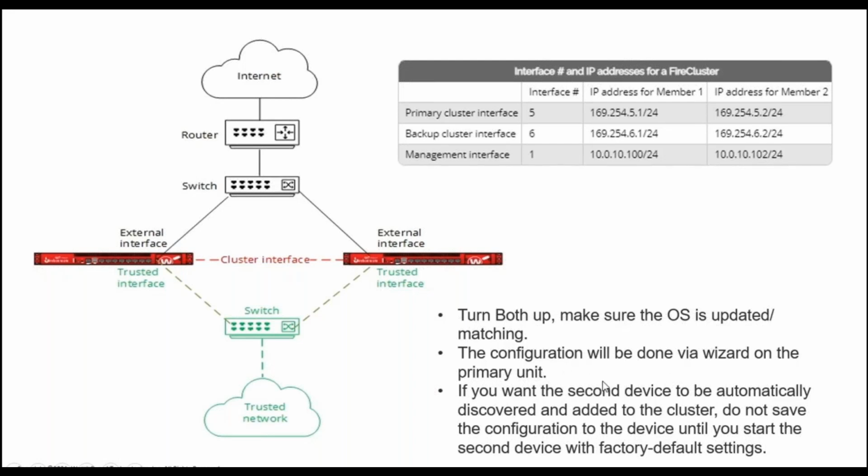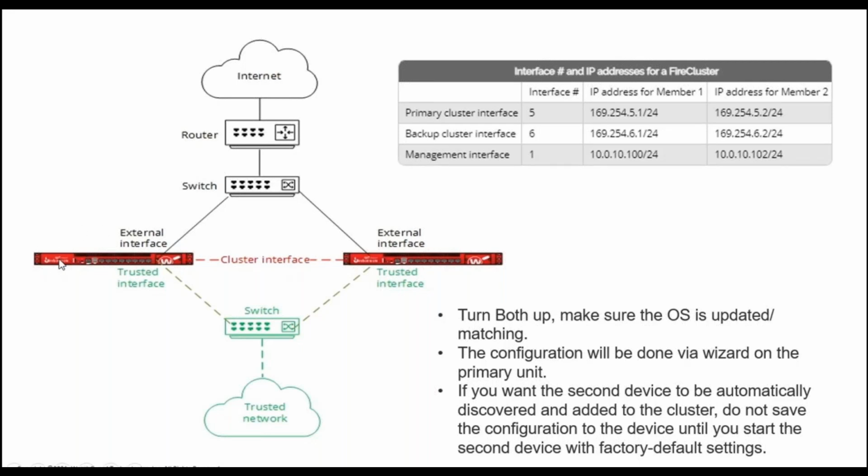And if we want the second device to be automatically discovered, then we're going to wait to save the configuration on the first one until the second one is up and running, right? Now, one of the things that you will notice about the second one is that once we upgraded it to the same operating system, 12.7.1, we needed it to be in factory default settings.